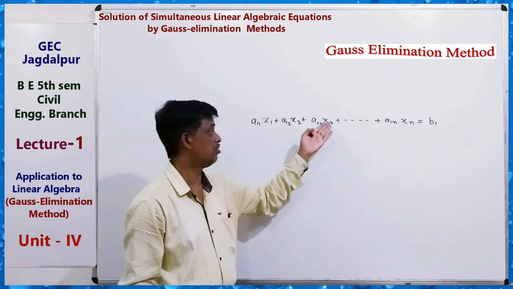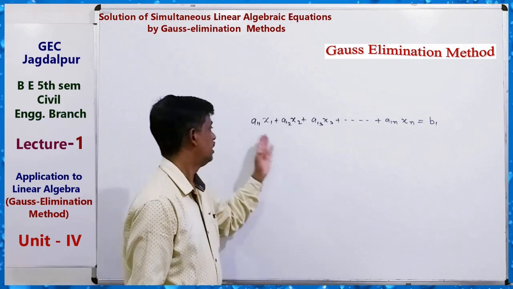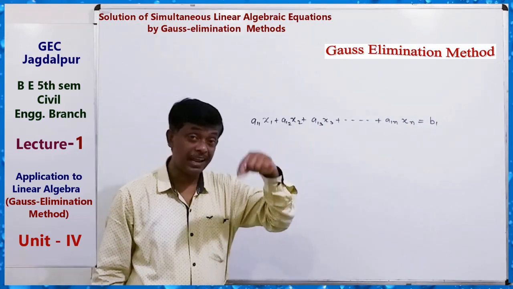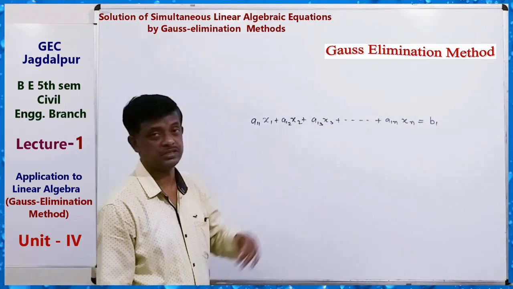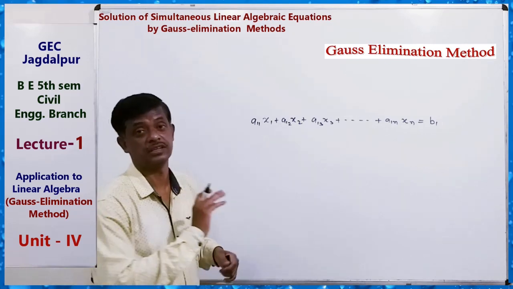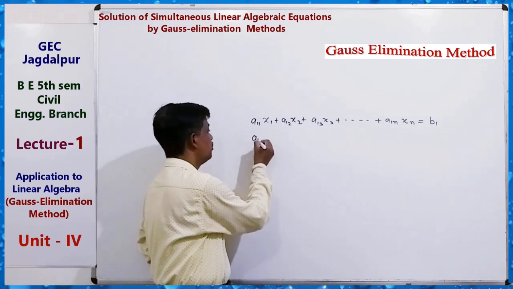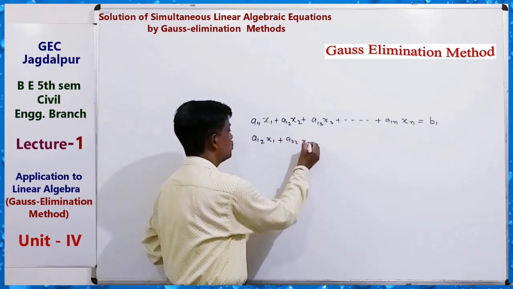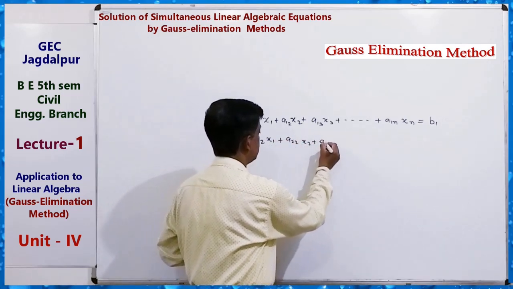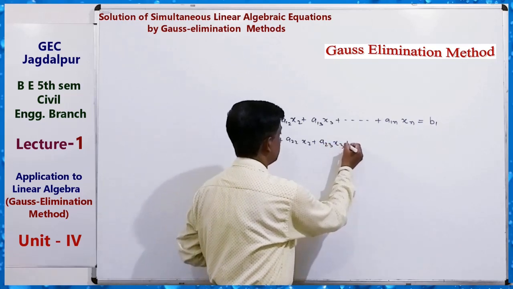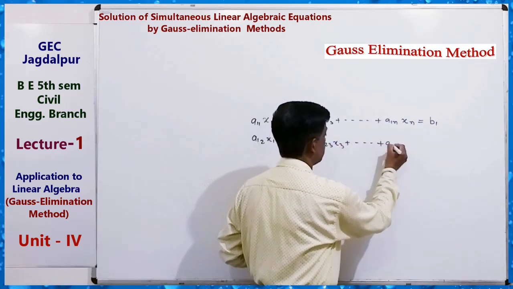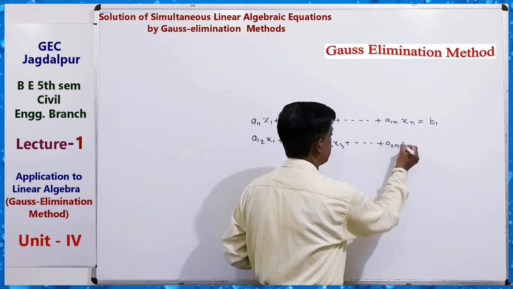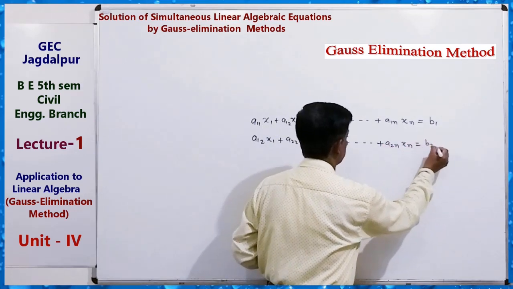Linear means the power of the unknown is 1. This is a linear equation in n unknowns, and there are n equations. The second is a21 x1 plus a22 x2 plus a23 x3 and so on up to a2n xn equals b2.